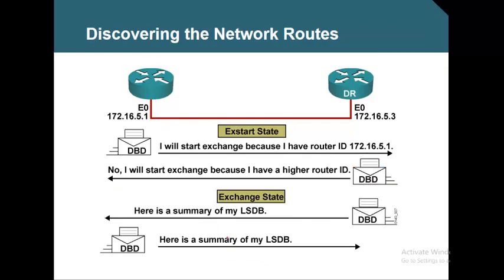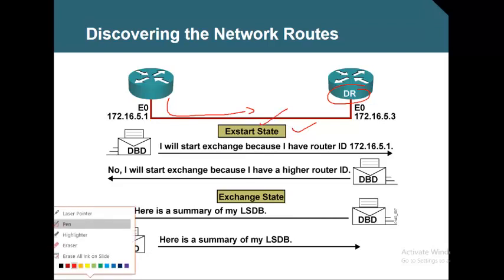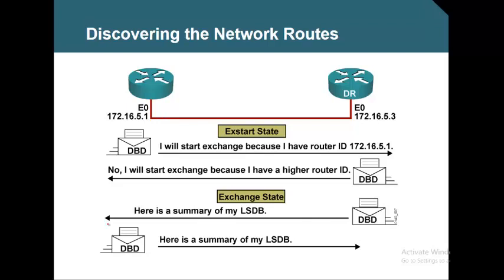Now, after two-way state, only with the DR and BDR, the other routers will go to the start state. In the previous chapter we learned that full adjacency is formed only with the DRs. That is what is now getting started.